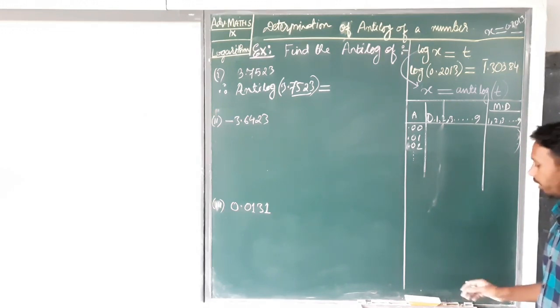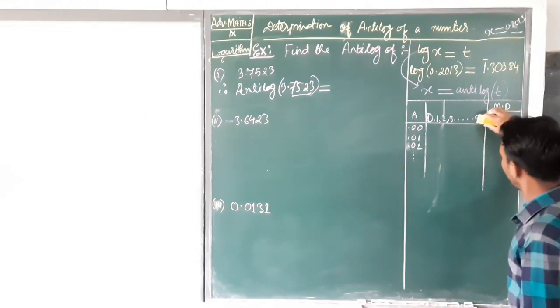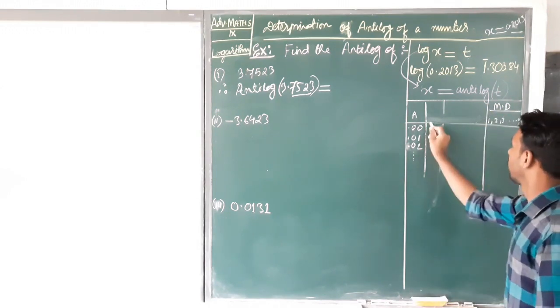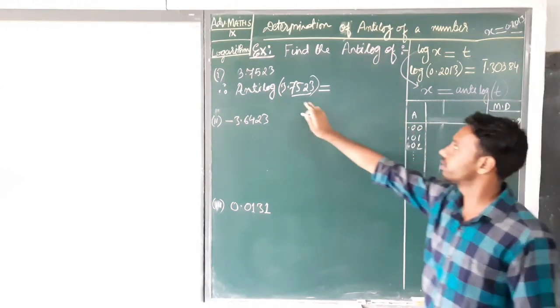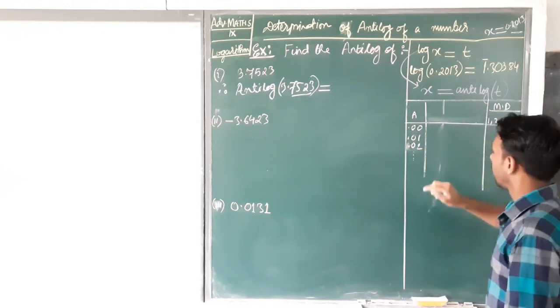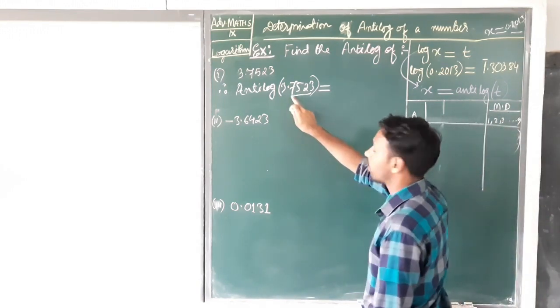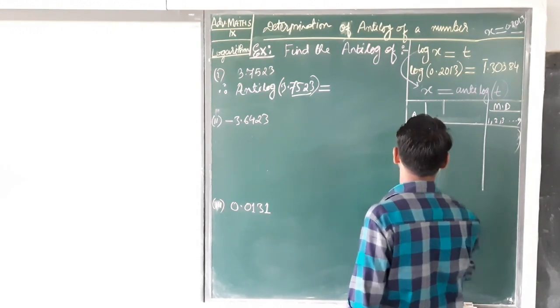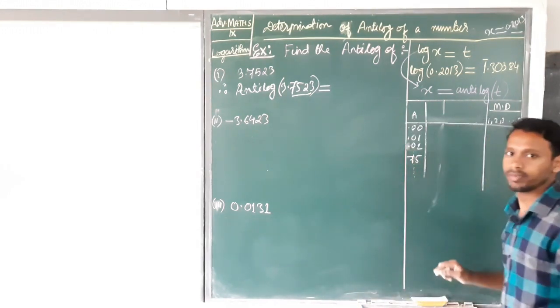So in a similar way, if I consider these 4-digit numbers, significant digits, what are the first 2 digits? 75. 75 will come.